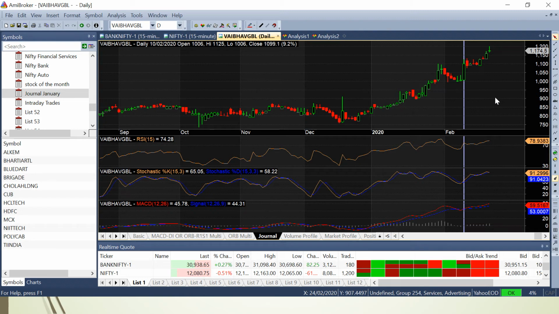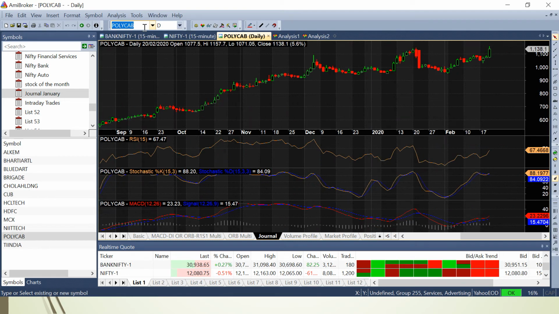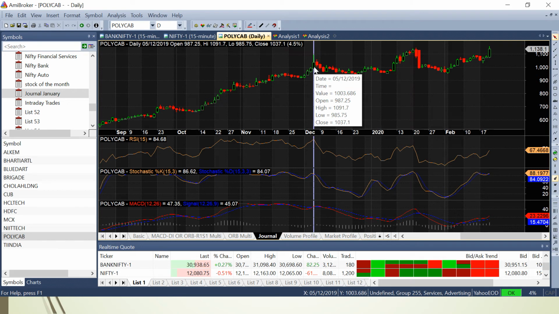Okay, so now let's take one more example in case something was not clear. Hopefully this can clear things out. We can look at Polycab, another great stock, a very nicely uptrending stock. Here also you can see peaks in the price. This one on 5th December, price was 1091.